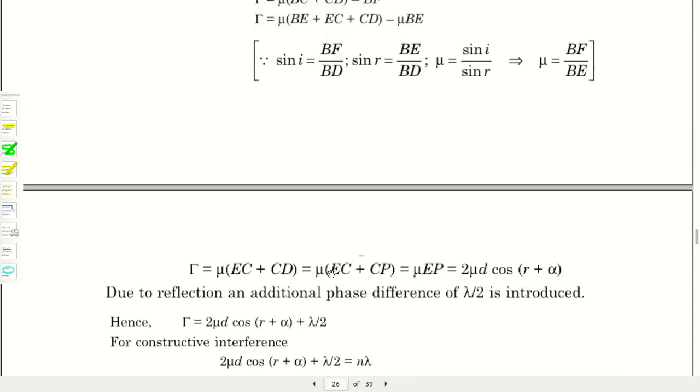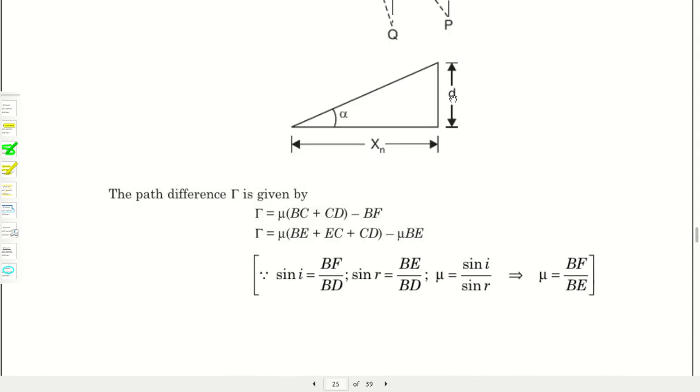So let us consider this simple figure at the point of investigation where the thickness is d and there is alpha, and the distance of the nth fringe at the point of investigation from the edge, from the vertex or from the apex of the thin film, is xn.